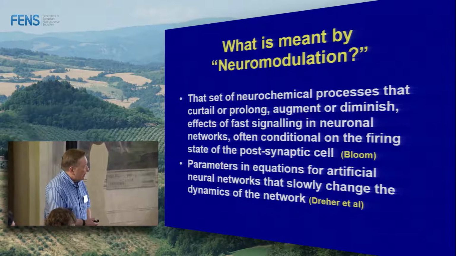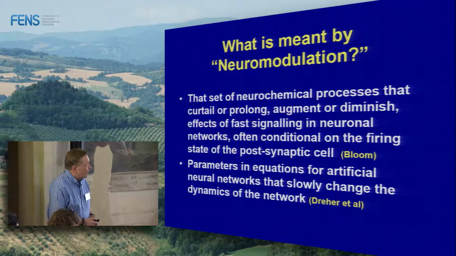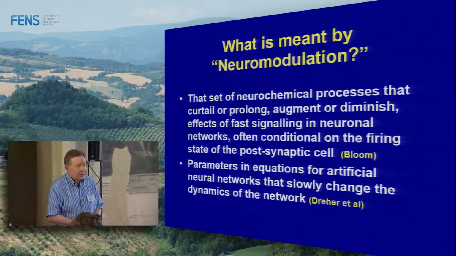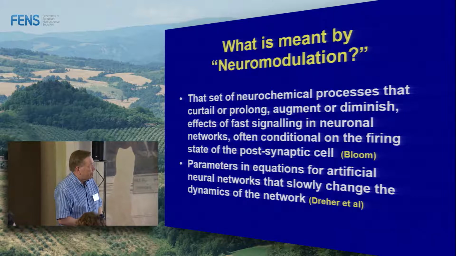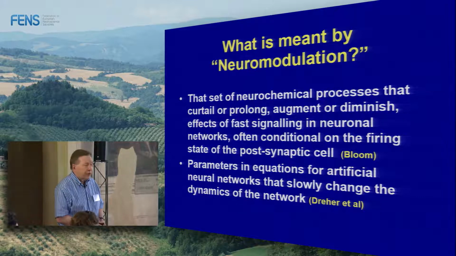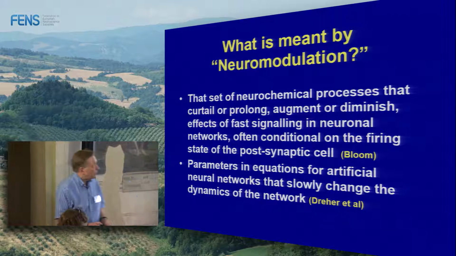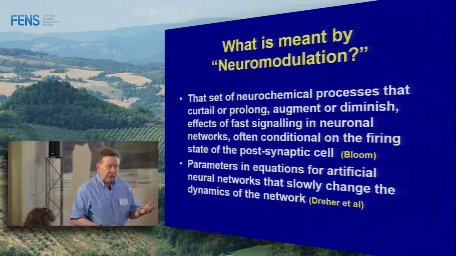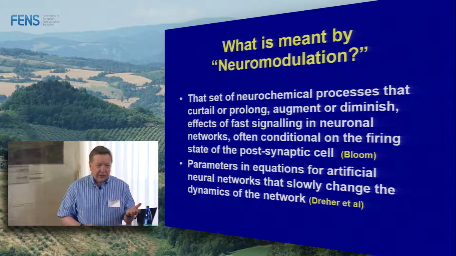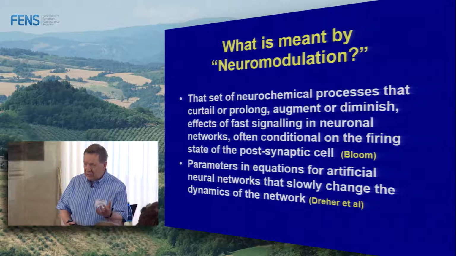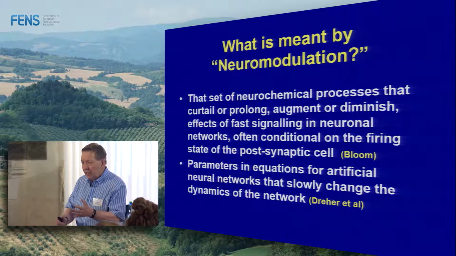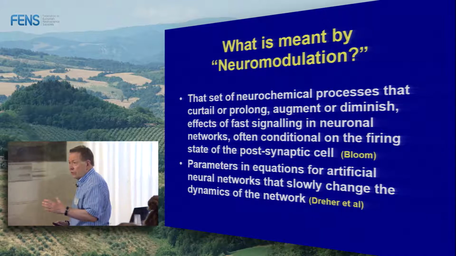And in one of his essays, and he's written several essays, Floyd says, neuromodulation is that set of neurochemical processes that curtail or prolong, augment or diminish effects of fast signaling in neuronal networks, in other words, in the connectome, often conditional on the firing state of the postsynaptic cell. So we're talking about something which is very sophisticated. It's modulatory. Okay, it can enhance or diminish, it can curtail or prolong, and it can go either way, depending on the state of the system.